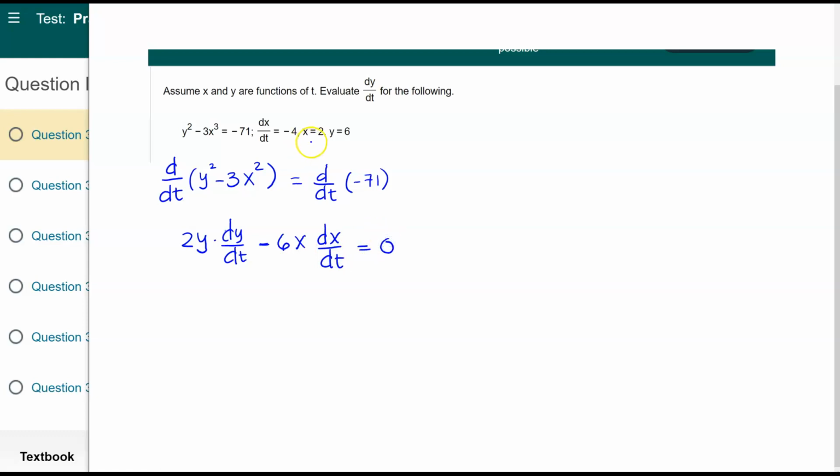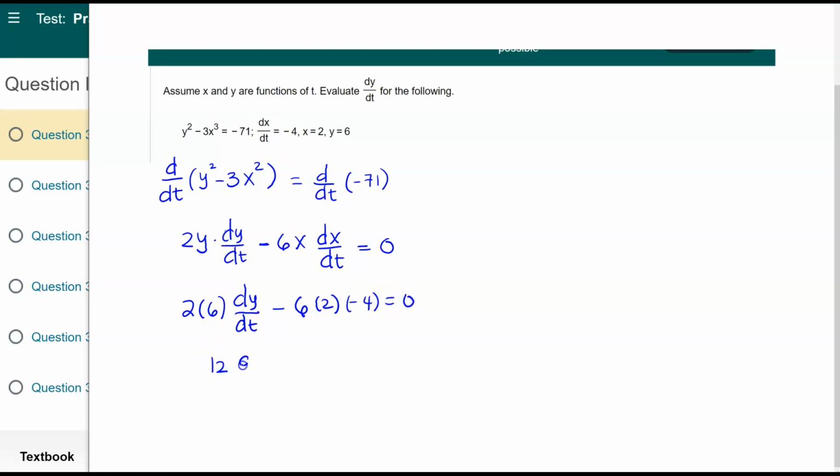Now, you plug in all the given here. So for dx/dt, that is replaced by -4. x is equal to 2 and y equal to 6. So you have 2 times 6 dy/dt minus 6 times 2, and then the dx/dt is -4, equal to 0.